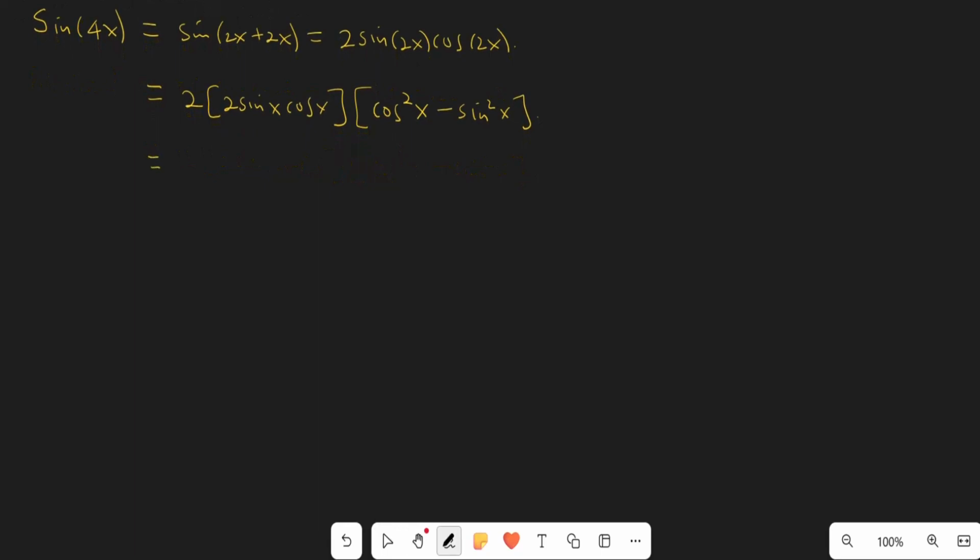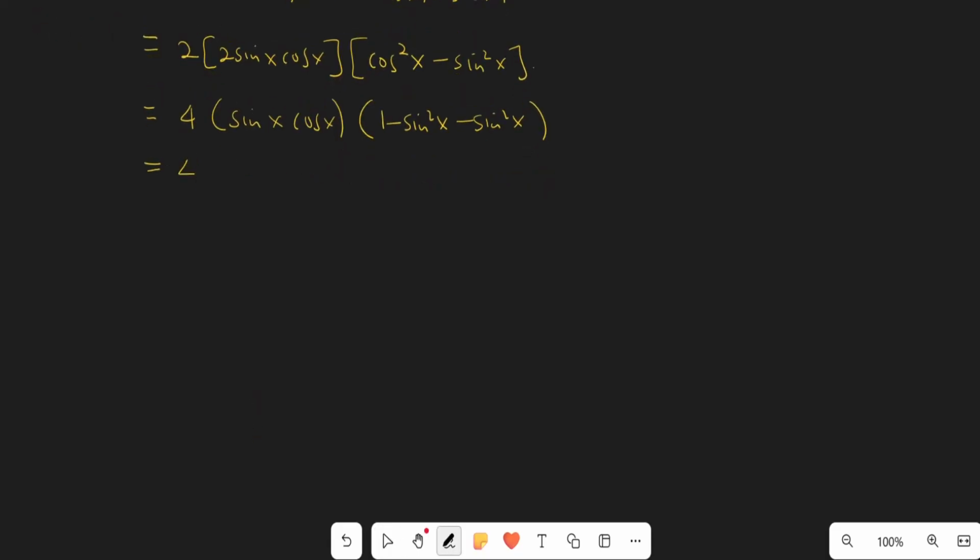So this one is equal to 2 times 2, which is going to be 4. Then you are left with sine x times cosine of x, and then we are going to multiply that one by cosine square of x minus sine square of x. From the Pythagorean identities, cosine square of x is 1 minus sine square of x, minus sine square of x, right?